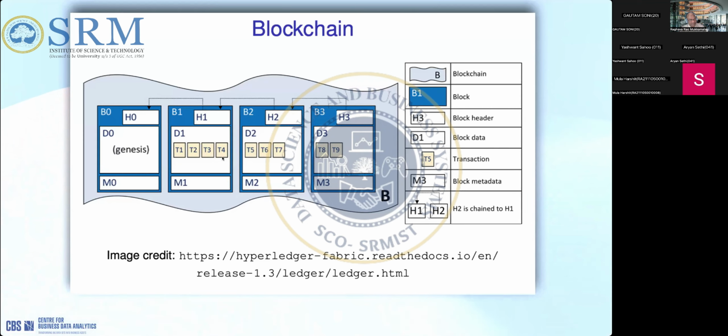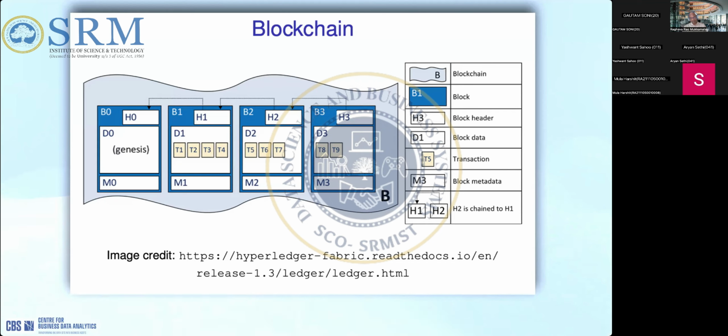So these are the transactions put into the block, and you have some metadata and a header. Again, you have the same kind of hash linking between the blocks, so that you can easily verify if the information has been tampered with. Other than that, there is nothing much going on here.